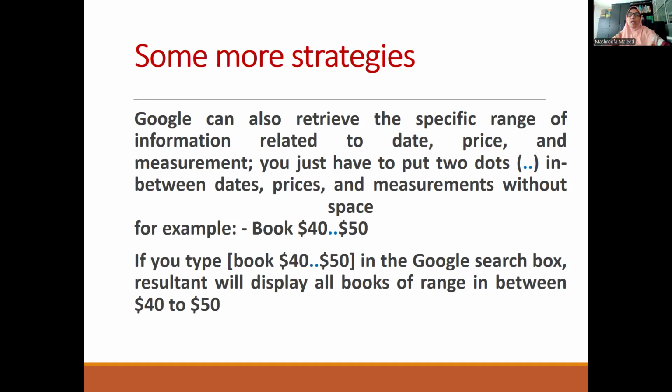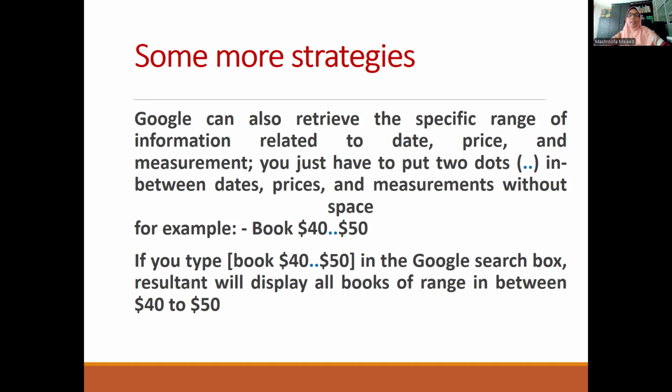Then Google can also retrieve a specific range of information related to date, price, and measurement. For example, I want the price of books between $40 and $50. So I type just $40, double dot, and $50.